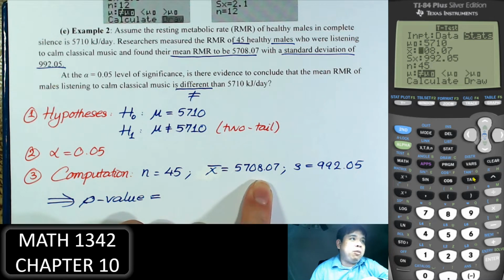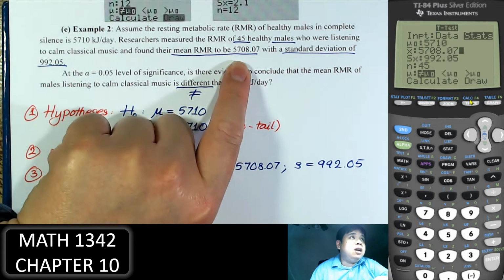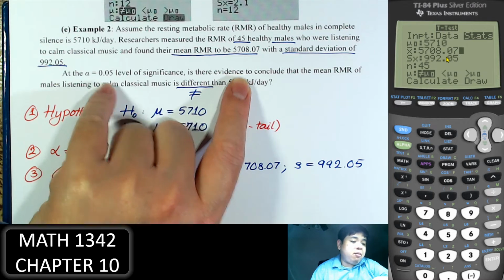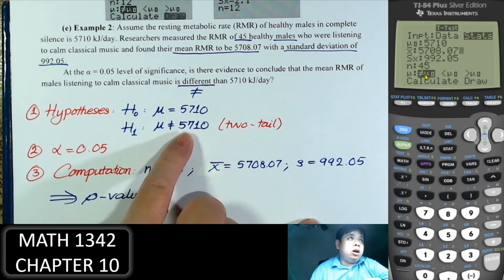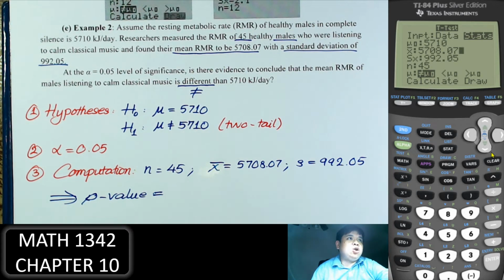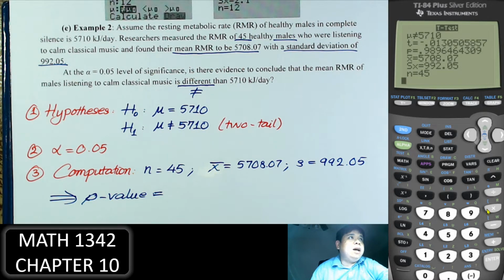Okay, glad we checked. So we have the mean, standard deviation, and n from the sample, and then the hypothesis, mu not equal to that. So that's good. Let's calculate, and we have the p-value is that much.